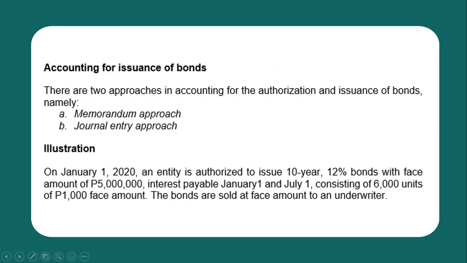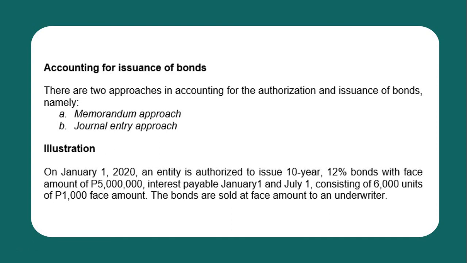So, accounting for issuance of bonds. There are two approaches in accounting for issuance of bonds. We have the Memorandum Approach and the Journal Entry Approach. The only difference in these approaches will be accounting for the authorization and issuance of bonds.